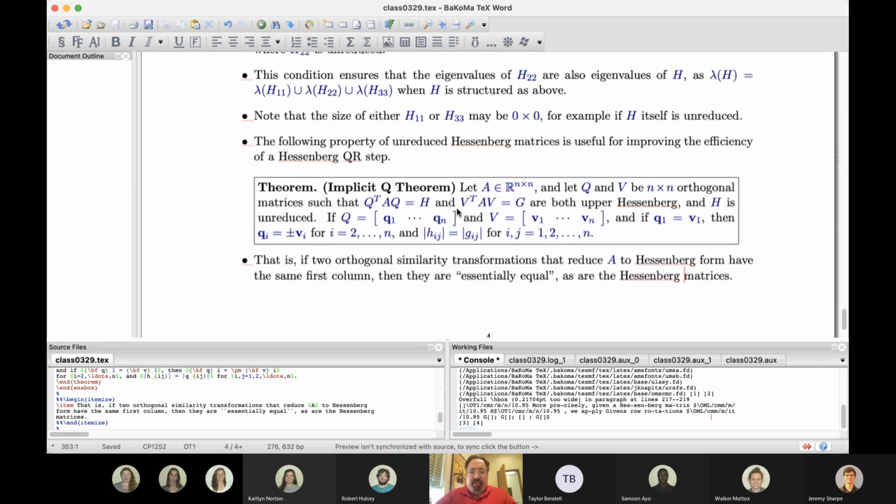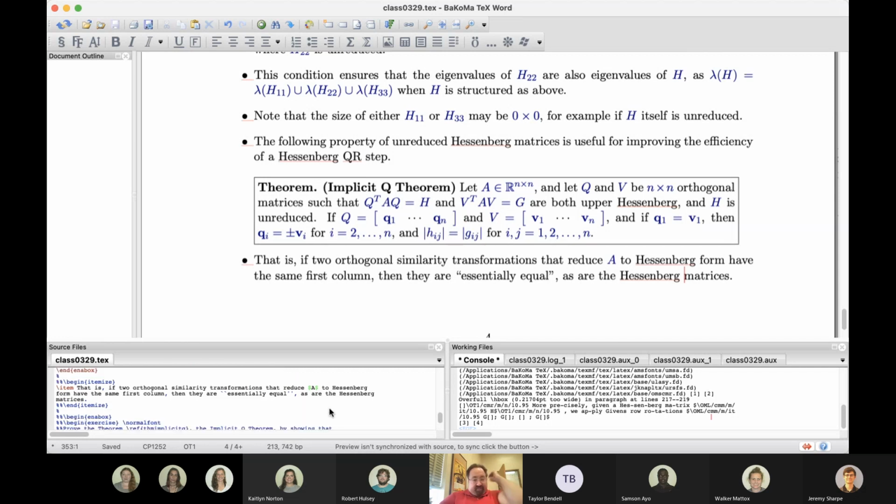So the columns of Q and V are basically in the same direction. It just might be exact opposites. Each column of Q might be plus or minus the corresponding column of V, and at least the entries of H and G have equal magnitude.